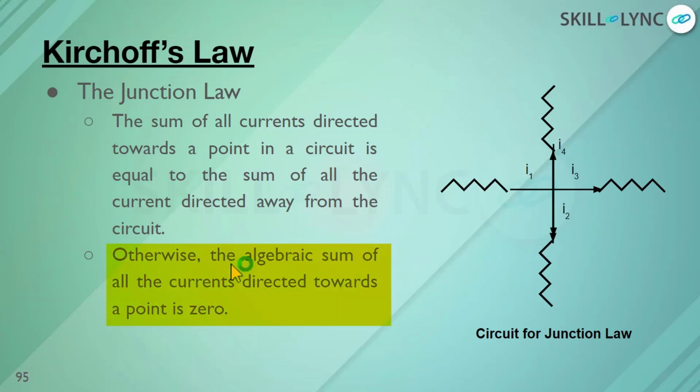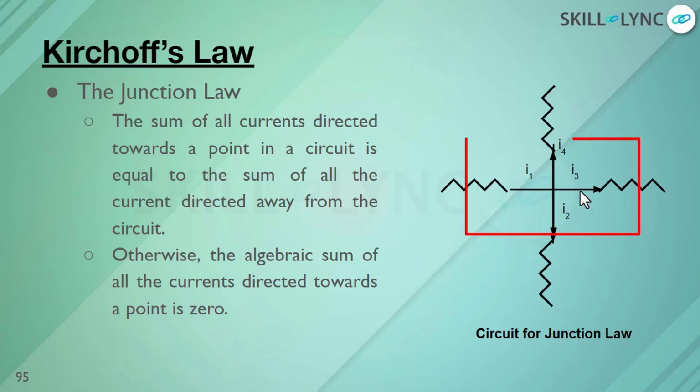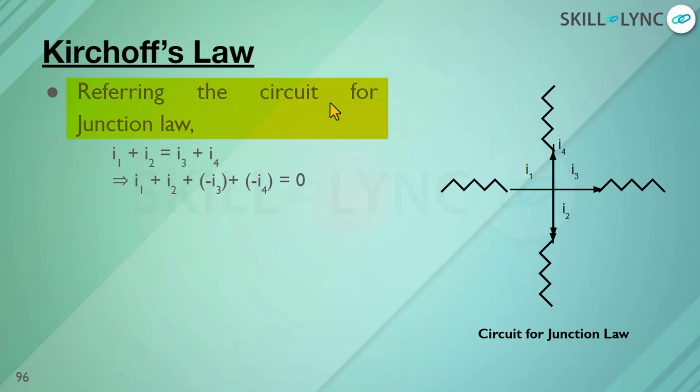Otherwise, the algebraic sum of all currents directed towards a point is 0. Also, it is saying that if all the currents are pointing towards the center, then the algebraic sum of all the currents would be 0. Referring to the circuit for Junction law, I1 and I2 would be equal to I3 and I4.